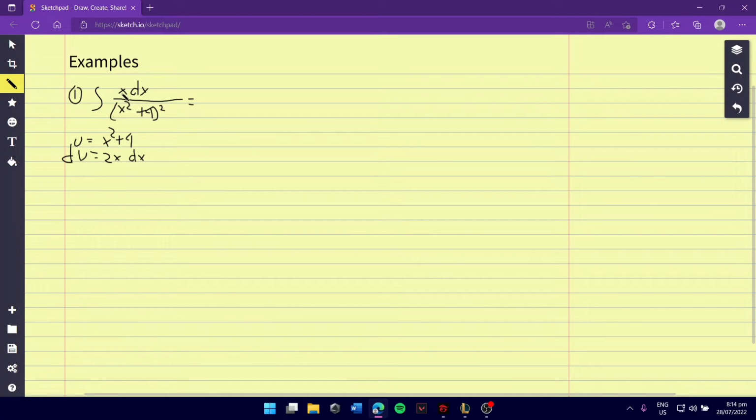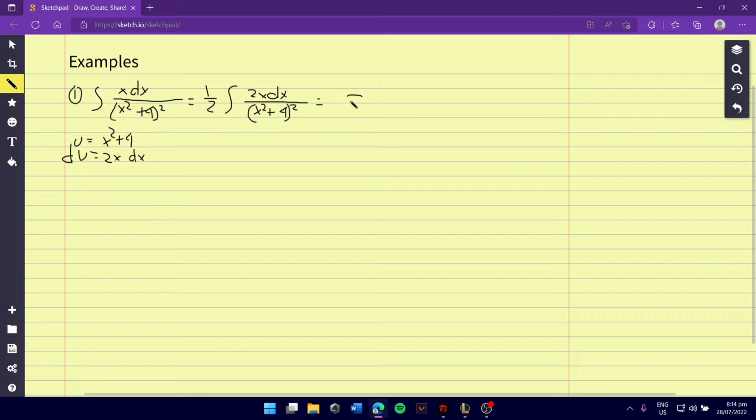So when adding 2 here, we will add 1/2 outside the integral. So first we will put 1/2, and then times the integral of 2x dx over the quantity x squared plus 4, squared. Next, we will substitute our u and du.